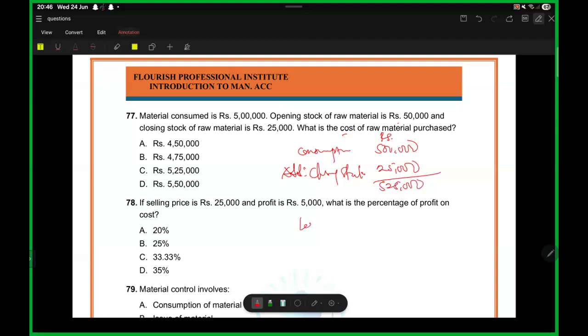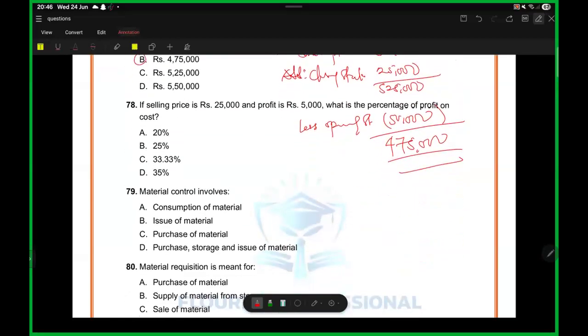Then you less your opening stock, which is 50,000, right? So when you subtract 50,000 from this, you should get 475,000. Okay, which is B, right? All right, so let's move on to 78.